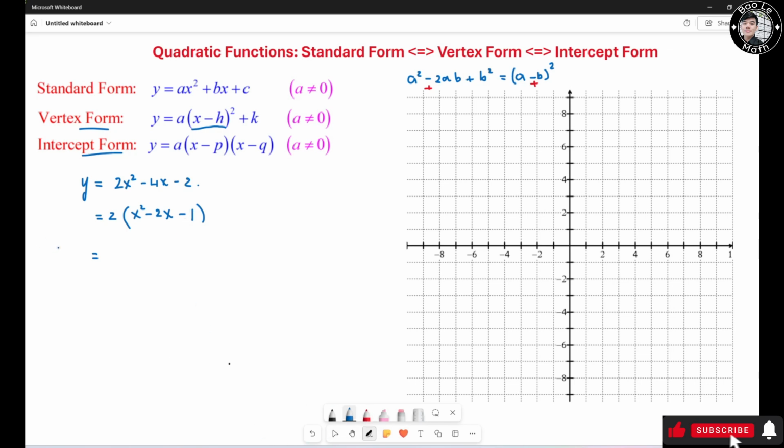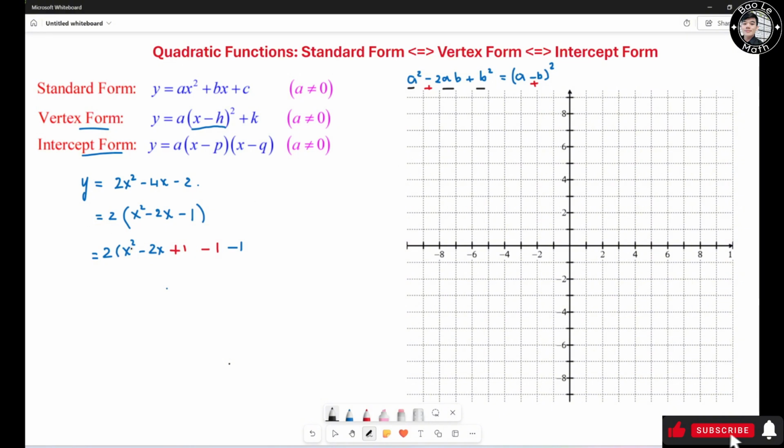So it turns out to be 2 times x squared minus 2x plus 1, subtract 1, and then I just rewrite negative 1 right here. The reason is that I need a complete square, so I need to have 3 terms: the first term, the second term, and the third term.